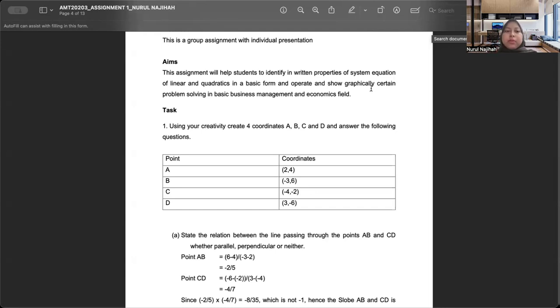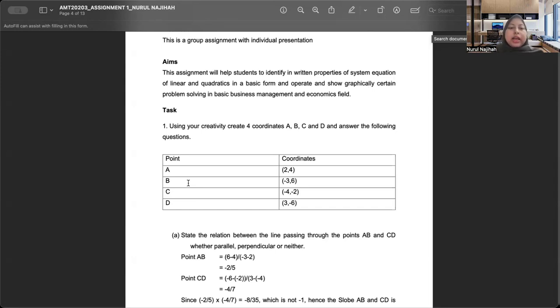Quadrant 1 is point A with 2 positive coordinates, and point B is in quadrant 2, where x is negative and y is positive.